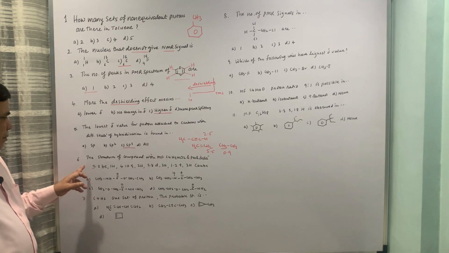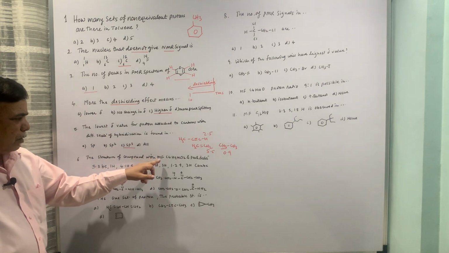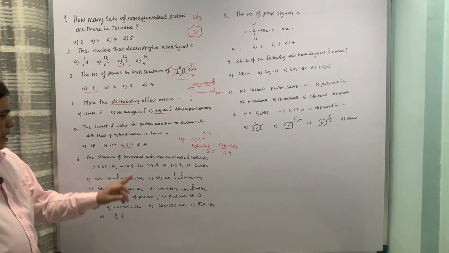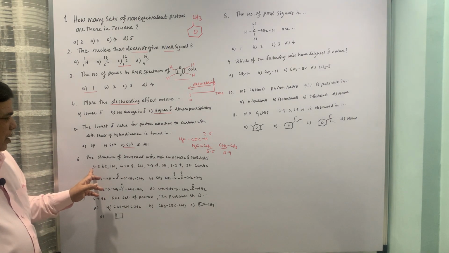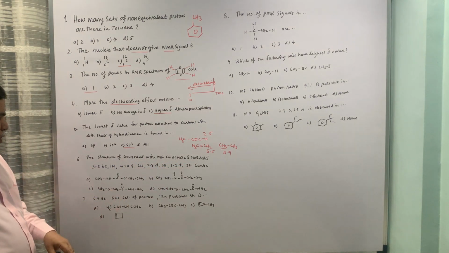Next one is the structure of a compound with molecular formula C4H9NO2 and PMR data can be. There are 4 options.